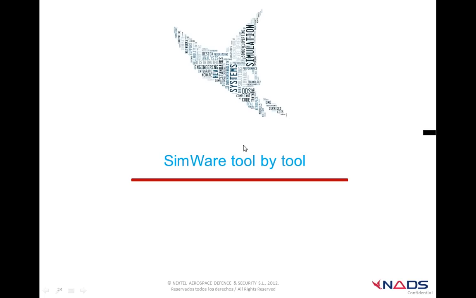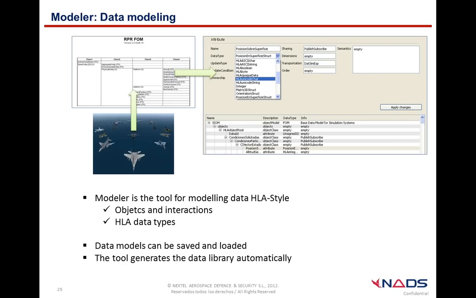Now we are going to see Simware going tool by tool. The first one is the Modeler. The Modeler is the tool for modeling your data. You can start from an HLA data model, from a file, or you can start from scratch.